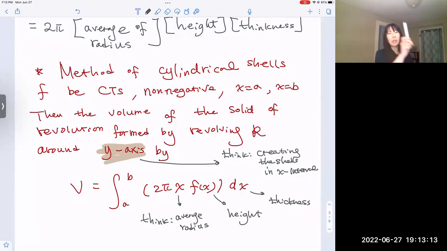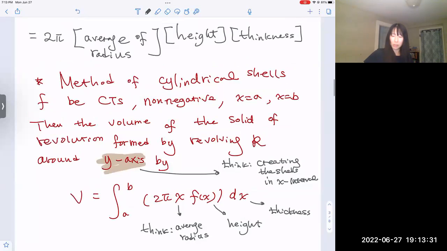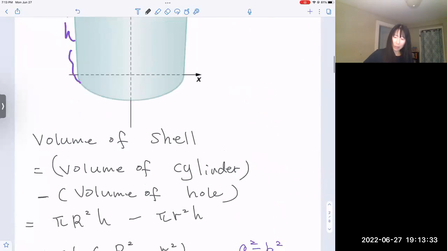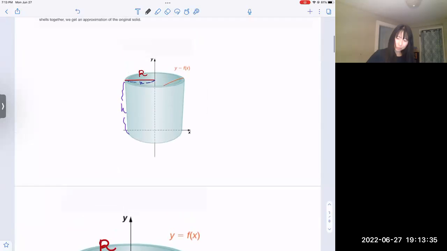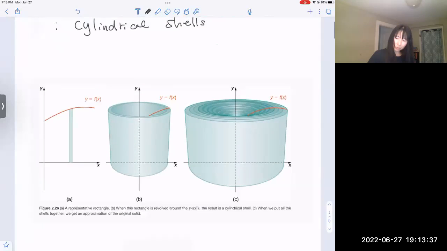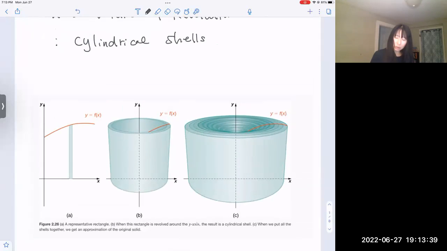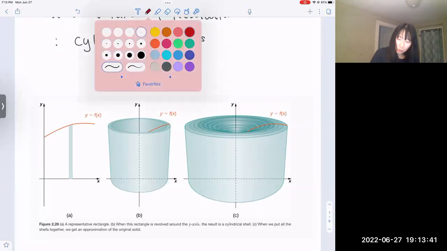The solid of revolution revolving around the y-axis is generating the thickness in the x interval. Can you imagine that? So it's like this one. Are you okay with this one?